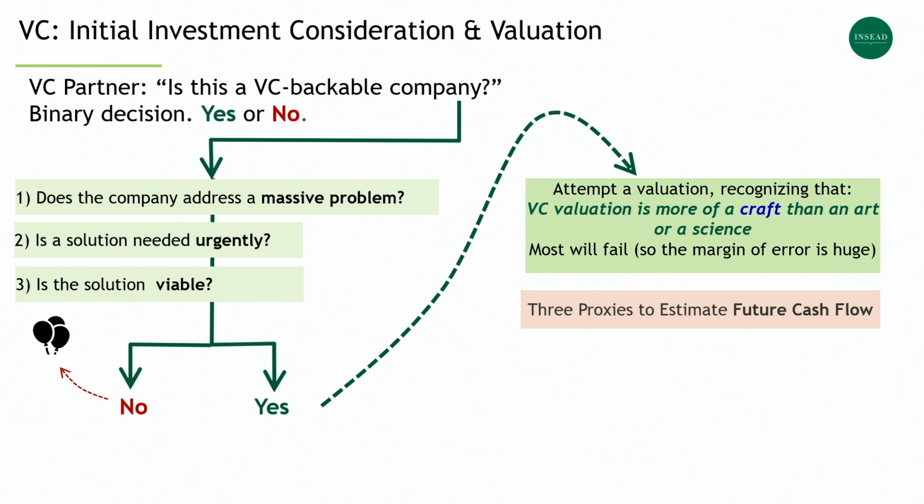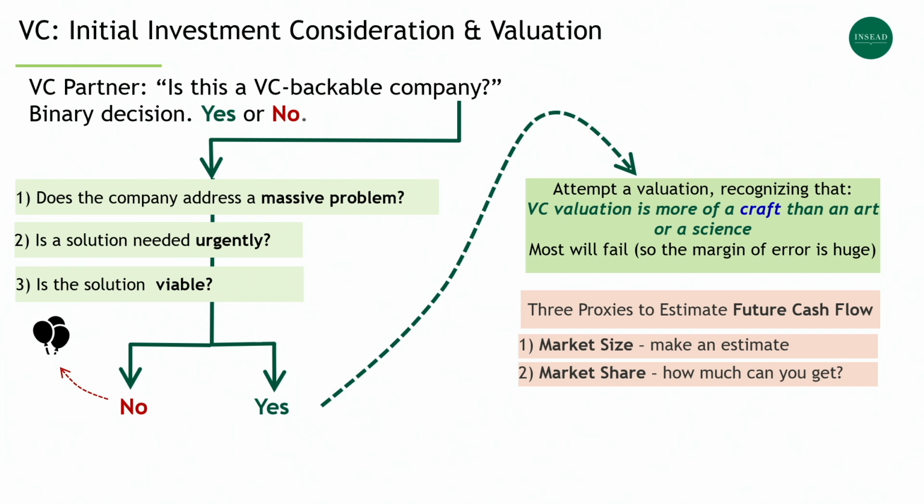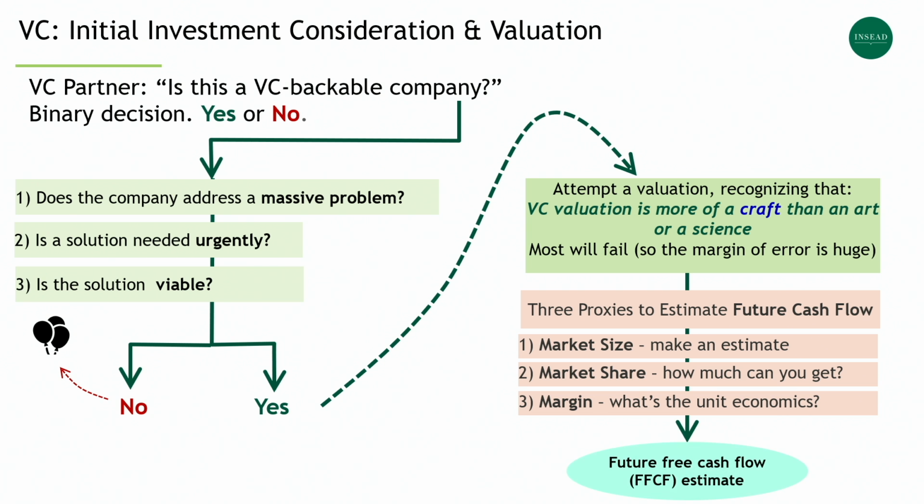Now, 3 proxies to estimate future cash flow will obviously be the potential market size. We have to make an estimate at that point. The potential market share: how much of that market size will that startup be able to tackle? And what will be the unit economics? What's the margin that I can achieve?